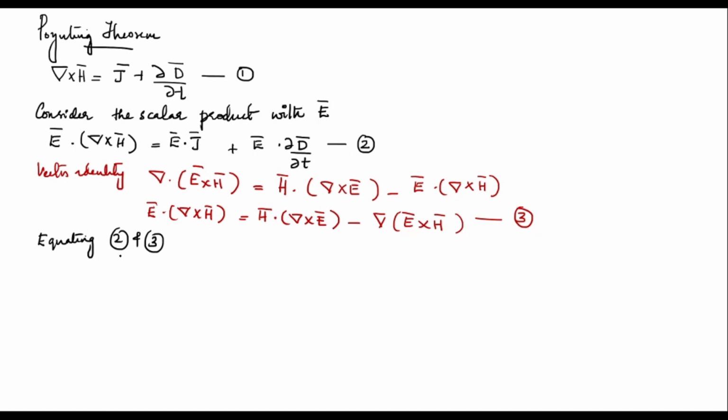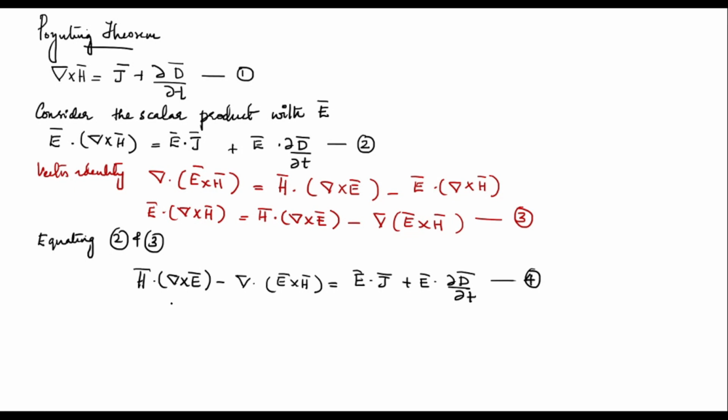So equating 2 and 3, we have H dot del cross E minus del dot E cross H is equal to E dot J plus E dot dou D divided by dou T. Let this be equation number 4.